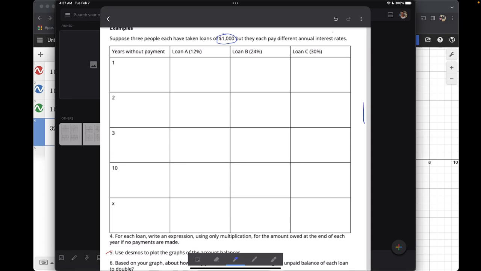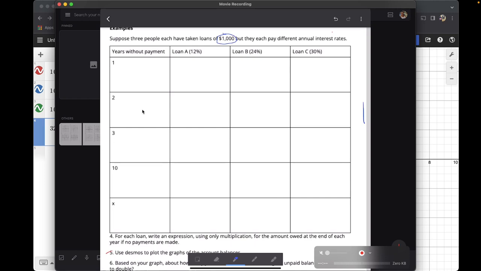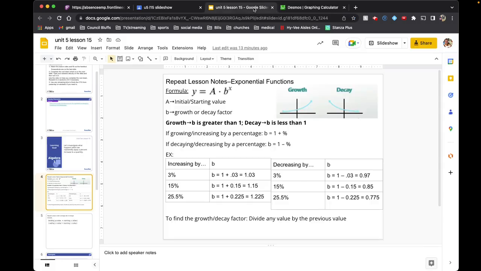Okay. So in this case, they're each starting at $1,000, but the interest rate is different. I want to go back to the slideshow and take a look at the lesson notes for a second. In the warm up, we were decreasing by a certain percentage.